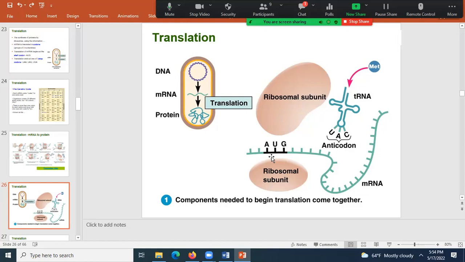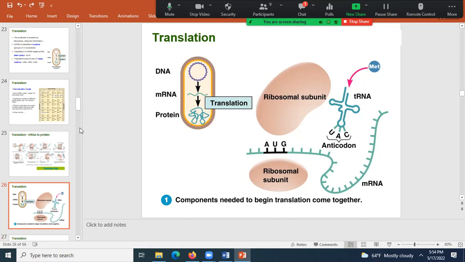So if the codon is AUG, then the anticodon will be UAC, meaning UAC will hydrogen bond to AUG. And the ribosome puts it all together.